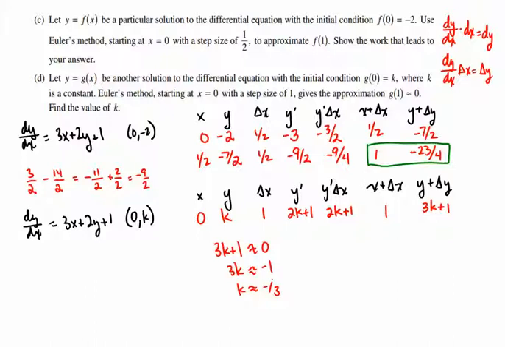And so that does it for part D. We'll label these part C and part D, and that does it for 2007 BC number 5 from the Form B test.